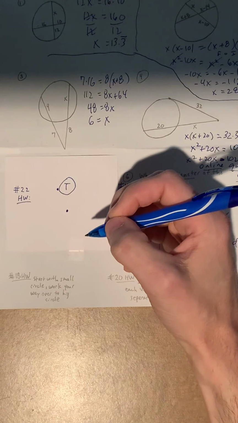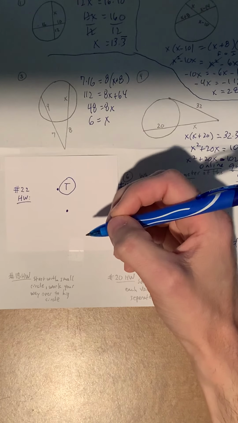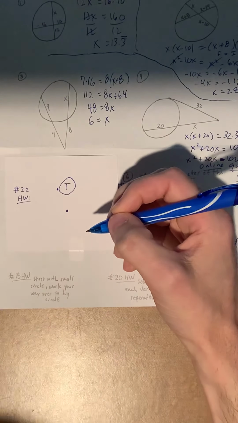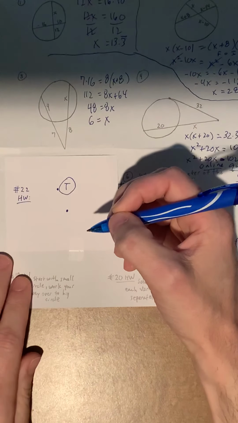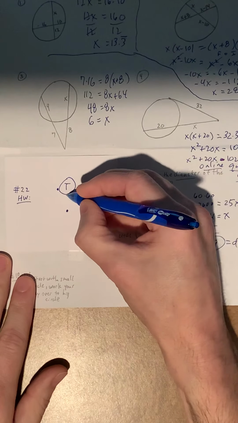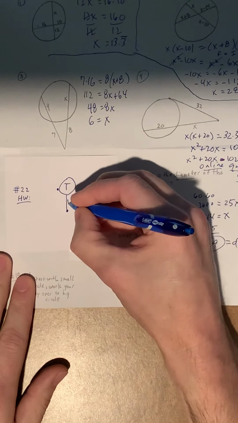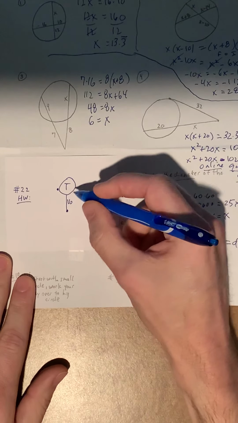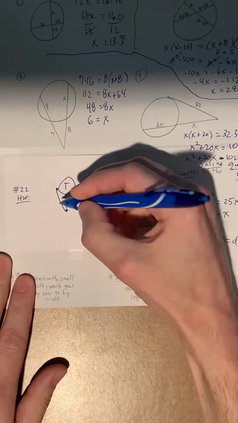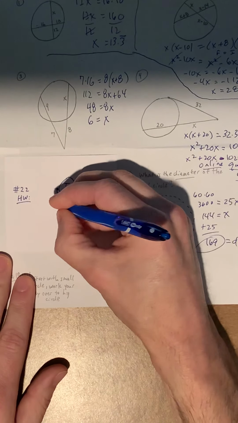Now it tells you, oh, I'm looking for my picture. It tells you that this person is a distance of 16 away. And this person, which is tangent to the tree, is a distance of 27 away.